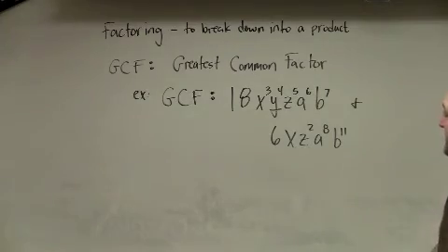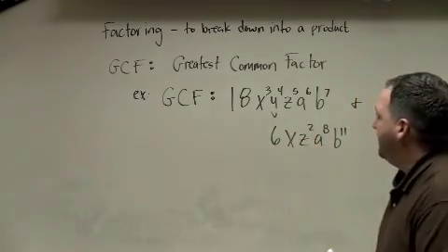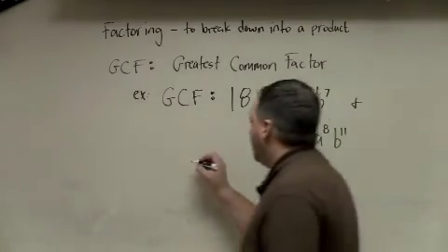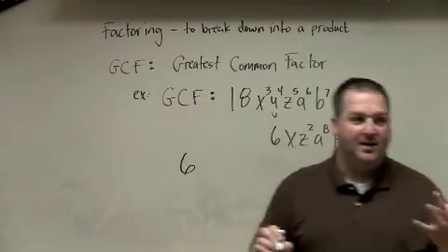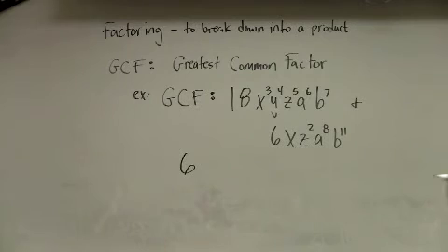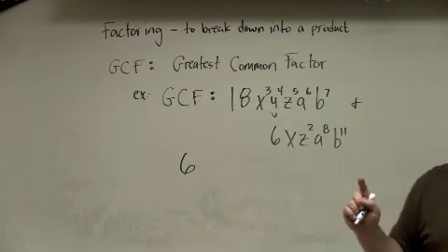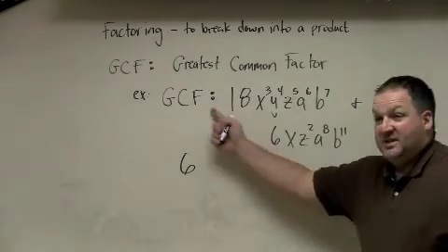All right, so what is the GCF? Let's start with the numerical portion. The numerical portion is 18 and 6. It's got to be 6. A lot of people will put 3. You're thinking small. Keep going. 6 does go into 6 one time. It is a factor. 6 goes into 18.